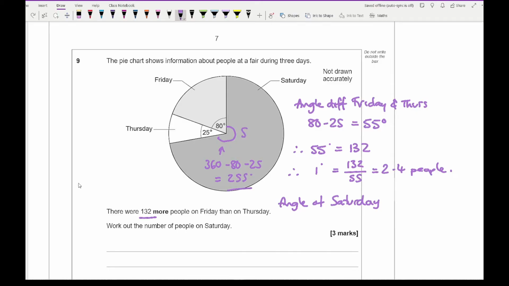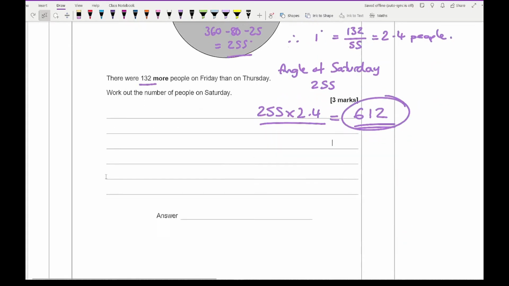So that's for Saturday. And so that's 255. So the number of people then is going to be 255 multiplied by 2.4. And if I type that into my calculator, I get an answer of 612 people. And there's my answer.